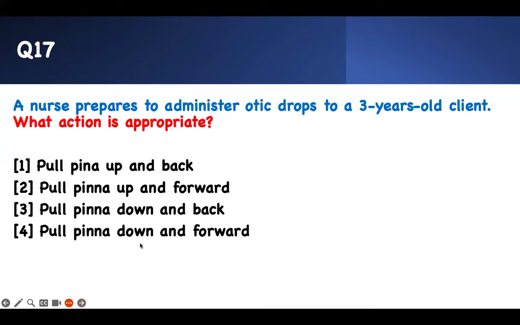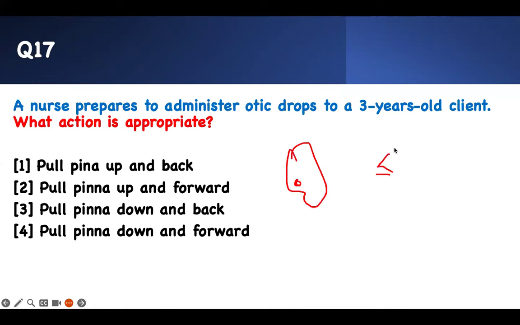Next question. It's preferred to administer otic drops to a 3-year-old client. What action is appropriate? Whenever you see this question, don't worry, don't panic. The only thing they will ask you is which direction you pull the ear, right? For a younger patient, less than or equal to 3 years, it's only a downward motion.